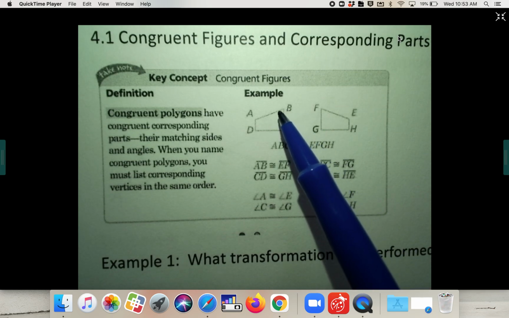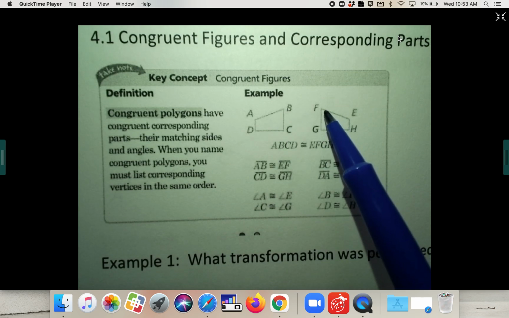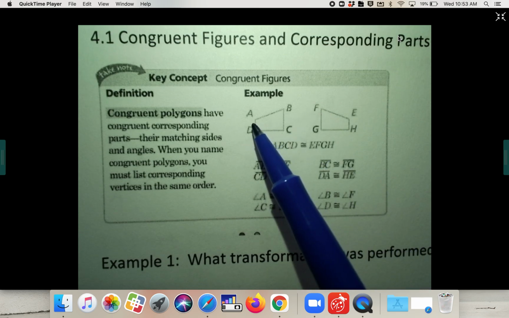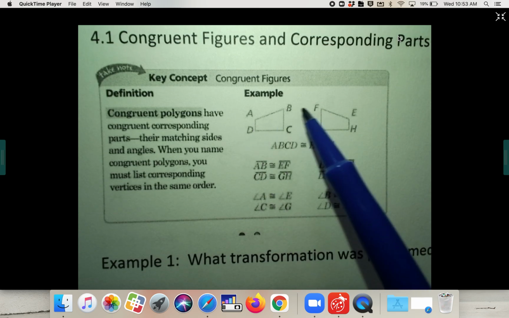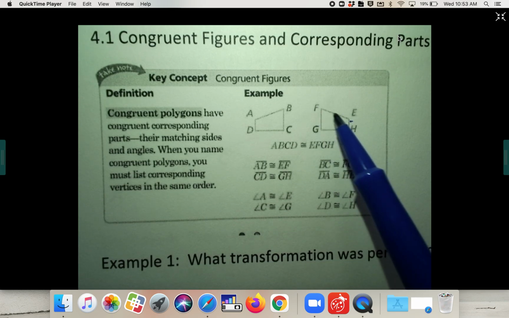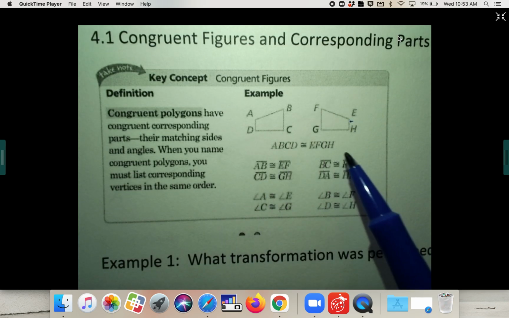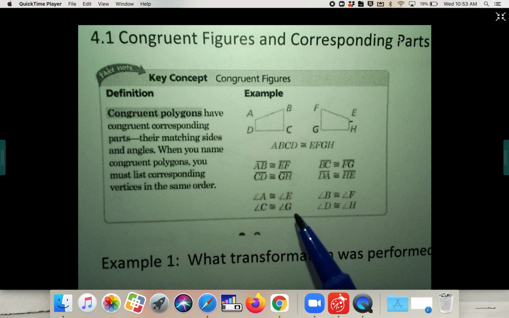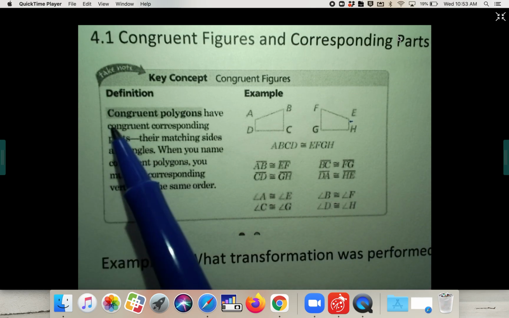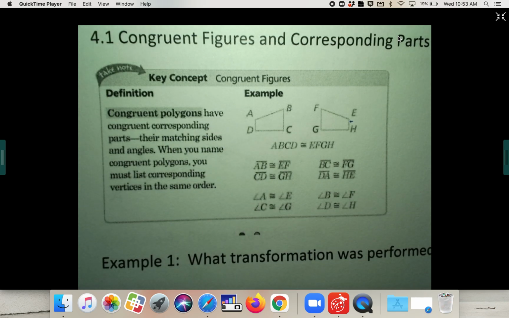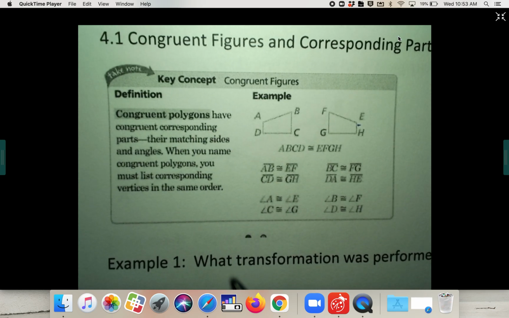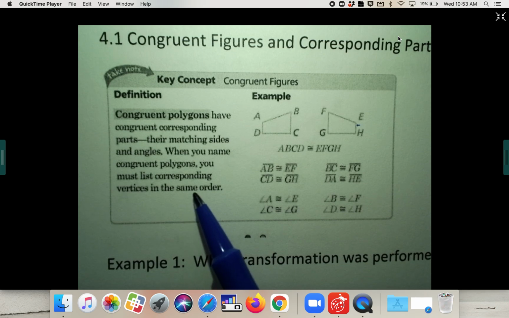So it's not only angle B that would be congruent to angle F, but also segment AB would be congruent to segment EF. So all of the corresponding side lengths and all of the corresponding angles are congruent if the entire polygon is congruent. So they also need to be listed in the same order.